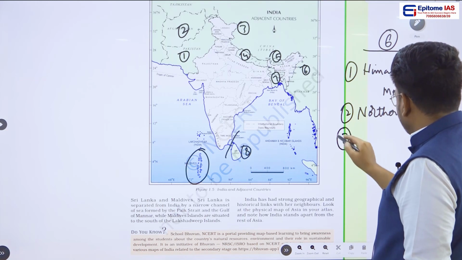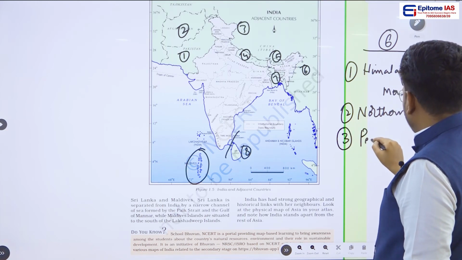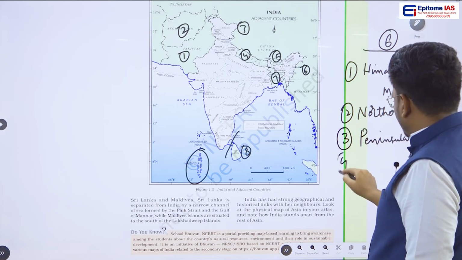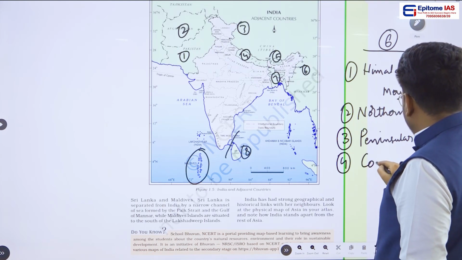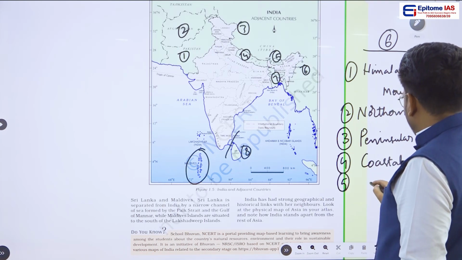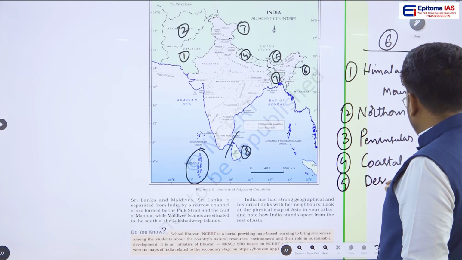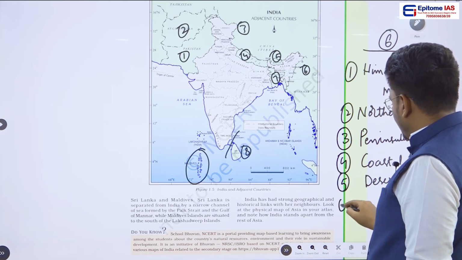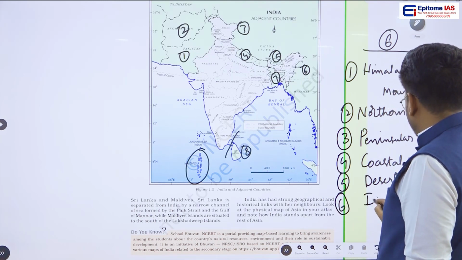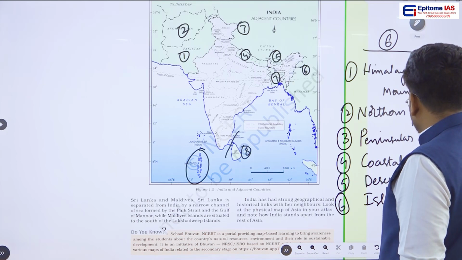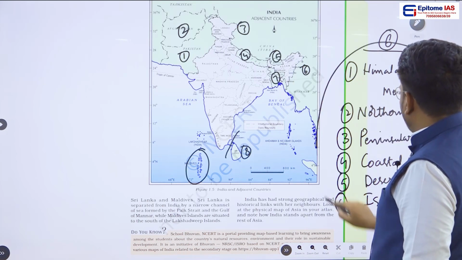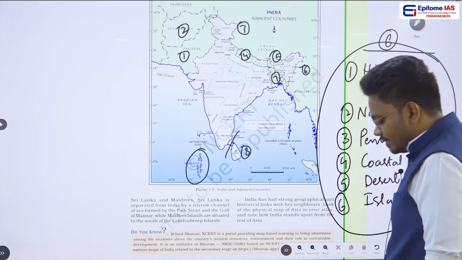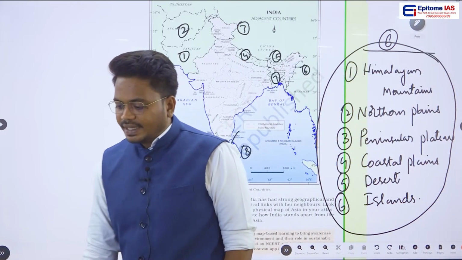Third, the peninsular plateau. Fourth, the coastal plains. Fifth, the Indian desert. Sixth, islands. So in the second chapter we will read about these 6 physical features.